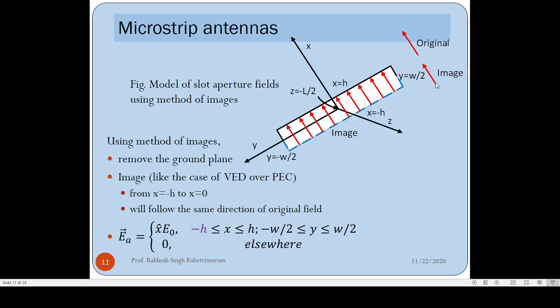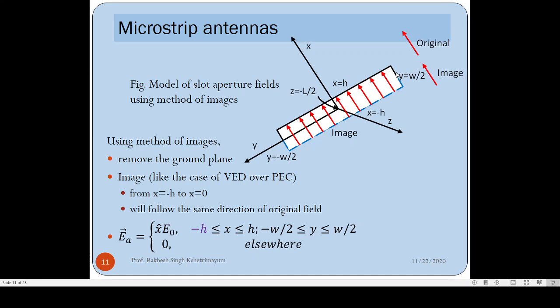From your method of images you know that the direction of this image current density should be along the same direction, because this is like a vertical electric dipole over an infinite PEC surface; its image will be directed along the same direction.